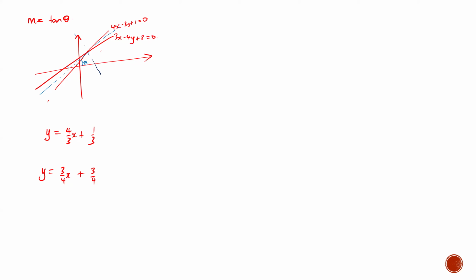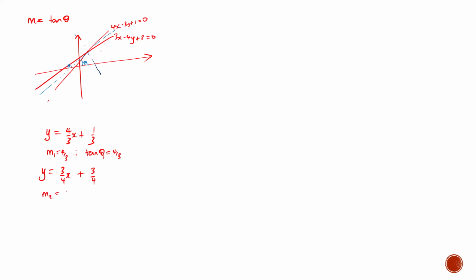So I'm going to call that angle theta 1, and that angle there theta 2. Because here this tells me that m1 is 4/3, therefore tan theta 1 is 4/3.